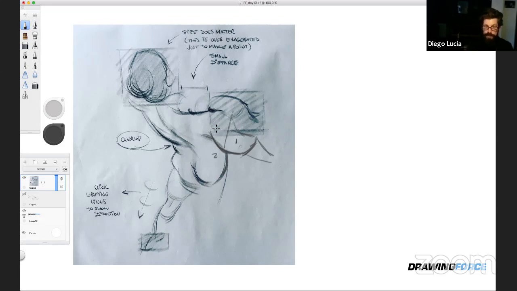If I'm creating a pose from imagination, I can do these kinds of things. That will help the illusion of perspective and depth, because I'm using the tricks I just mentioned: size, overlaps, the darkness of the line, creating a more dramatic image.